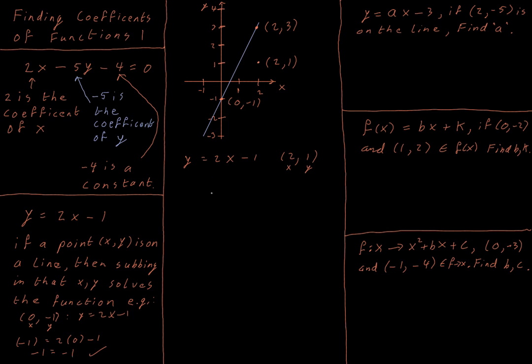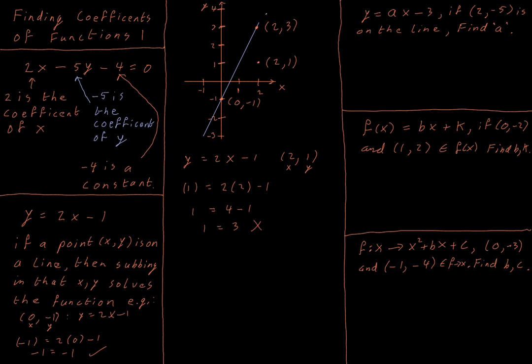But what happens when we sub in something that isn't on the line? Well, we have 1 for our y is equal to 2 on 2 minus 1. So we have 1 is equal to 4 minus 1. 1 is equal to 3. Well, that's not true. 1 is not the same thing as 3. So this is how we can see that a point is not on a line. This is not an element of the set of this function.